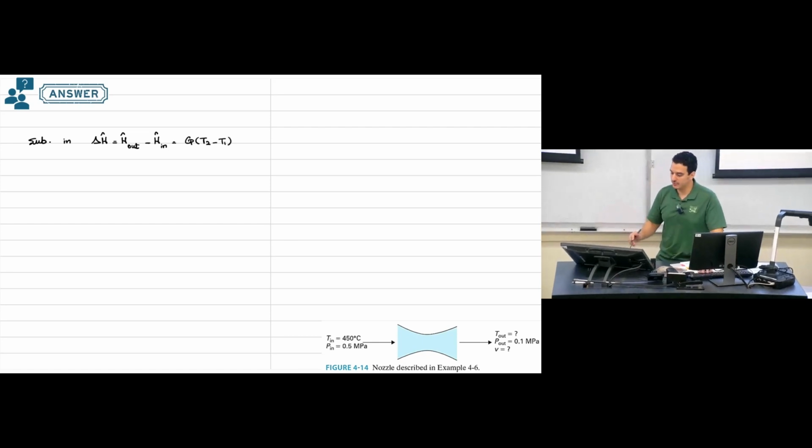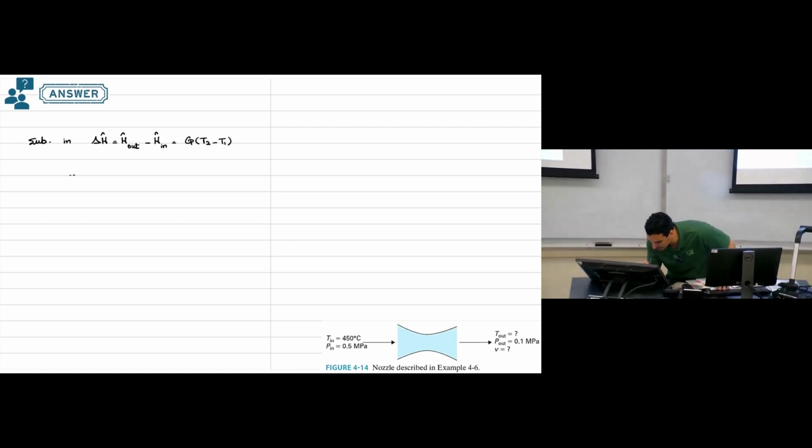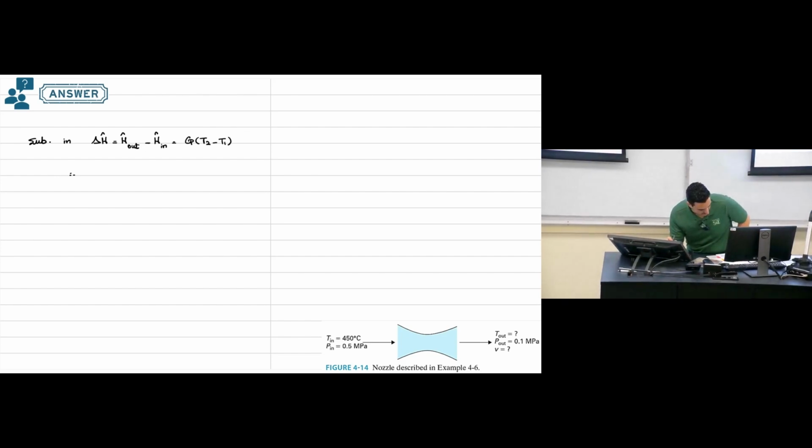We have all the variables here, so we can substitute in this equation, and we said delta H will be negative 7966.5 joule per mole.